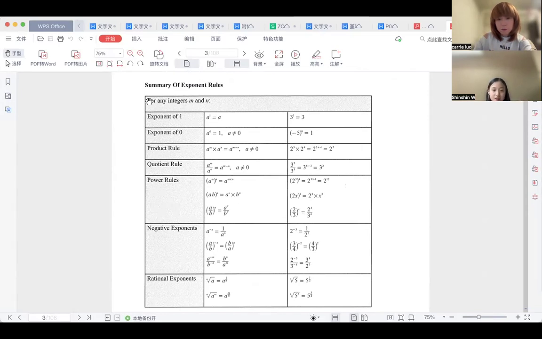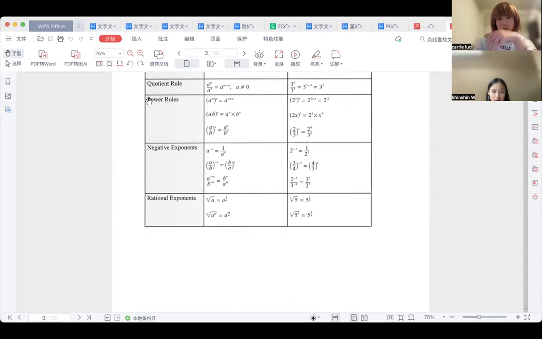The power rule is you multiply them when you raise a power to a power. And a negative exponent means you take 1 over that number, or you can say the reciprocal of that number, correct? Okay, yeah.